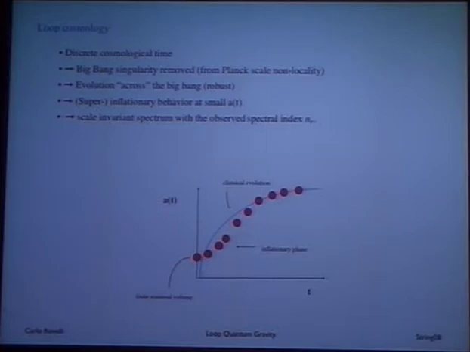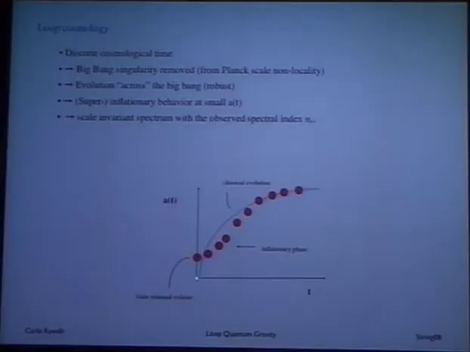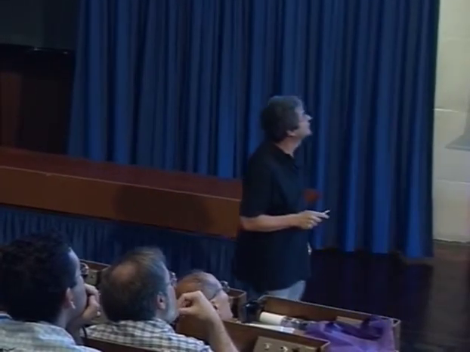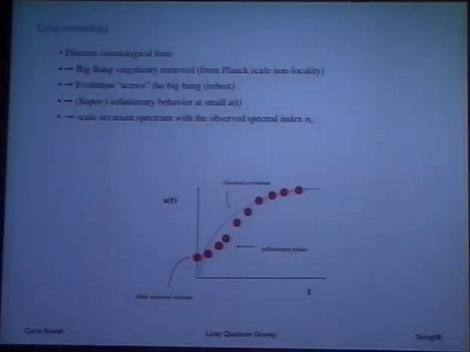What is interesting is that unlike the Wheeler-DeWitt minisuperspace quantization that is still singular at t equals 0, if you start from the loop theory and you do a minisuperspace quantization, what you find is that this singularity is removed, because the theory is non-local at a very short scale, and in fact the Wheeler-DeWitt equation can be continued to the other side of the singularity.